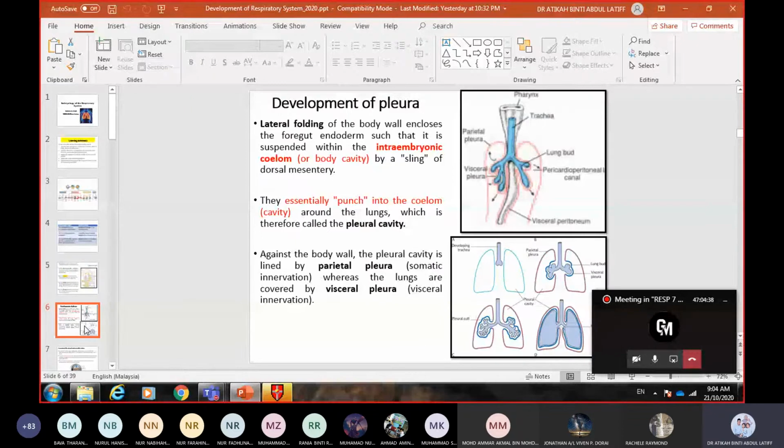It's the simplest and easiest out of all because basically the pleura is formed from this intraembryonic coelom or body cavity here in the side. So what happens is just that the lung bud will punch into the coelom cavity or intraembryonic coelom, and the pleura will develop because it is being punched out by this lung bud. Okay, this is the coelom.